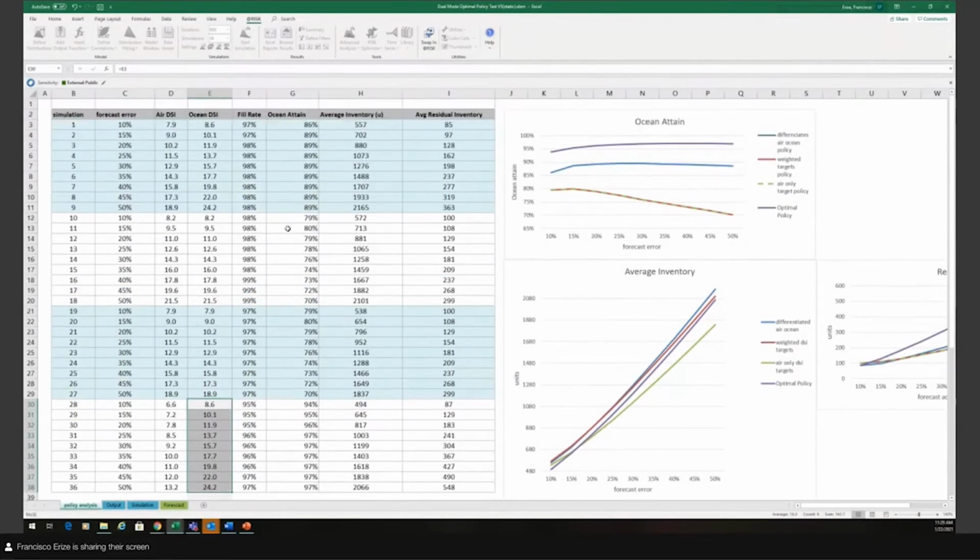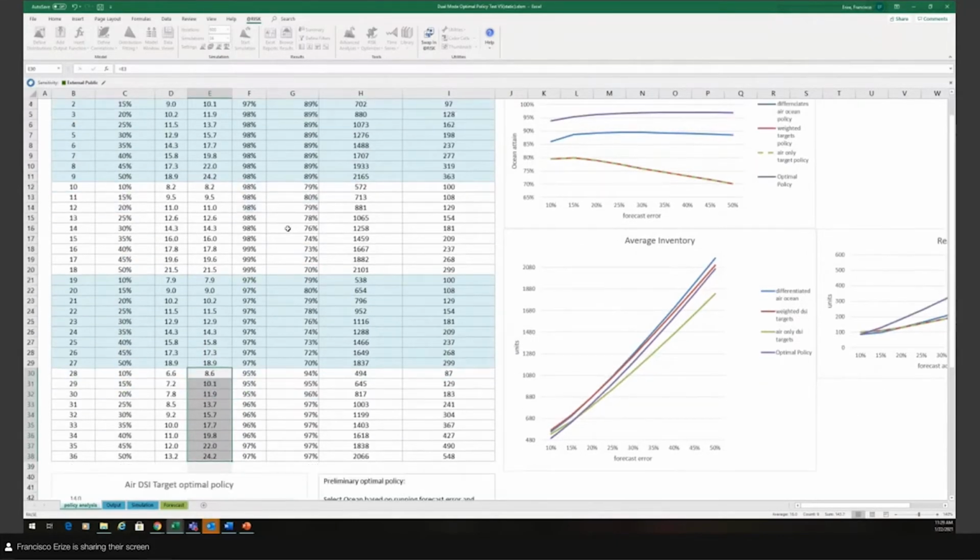I said, well, let's do the following. Because ocean has such a high impact, let's plan the ocean decision as if I was only doing ocean. And then what I will do is I will change these numbers manually. So I would run the simulation. It's basically trial and error.